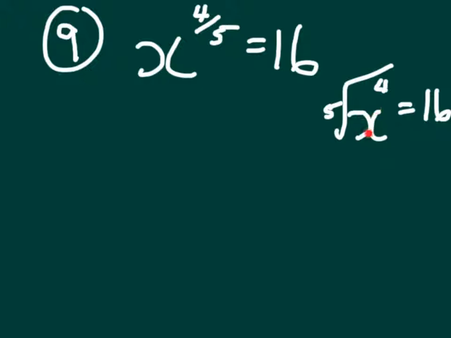Likewise, a positive integer raised to the power of 4 is still positive, and a positive integer fifth rooted is equal to a positive answer. Thus, we suspect two solutions for x. We can go ahead and solve this equation.